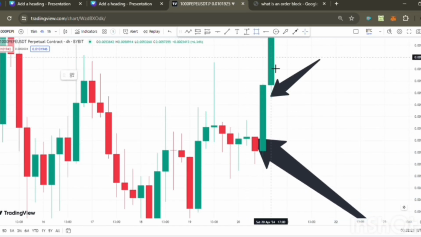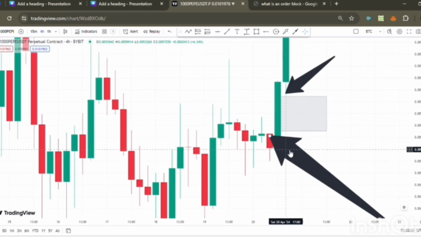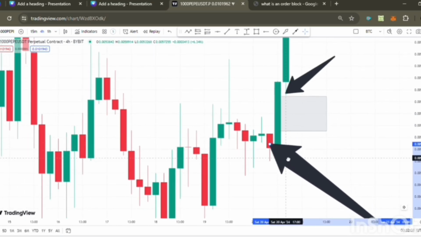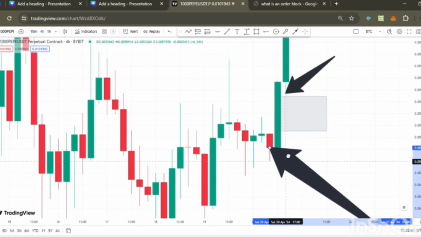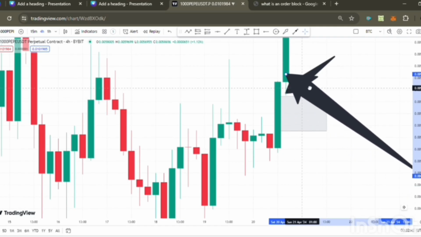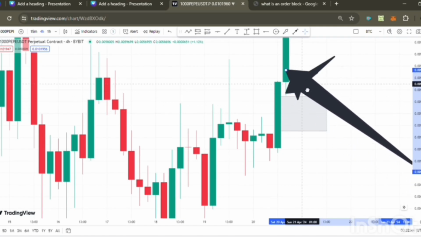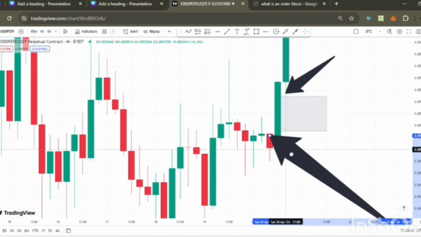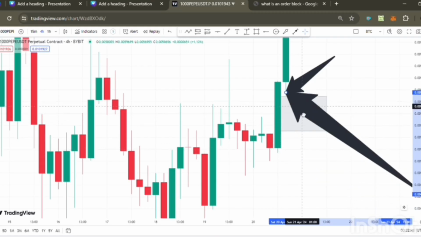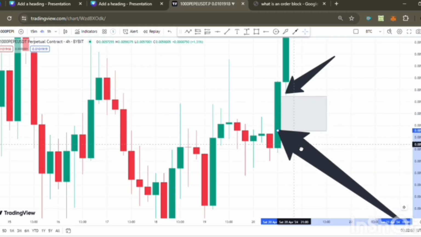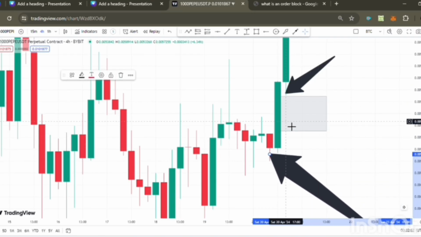This gap between the first candle, which is the bearish candle, and the third candle, which is the bullish candle, the gap between them, as long as they do not overlap or completely cover the middle candle, we can now say that the market was or is imbalanced because of the inefficiency.